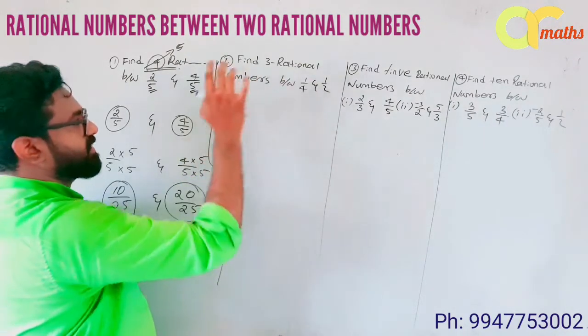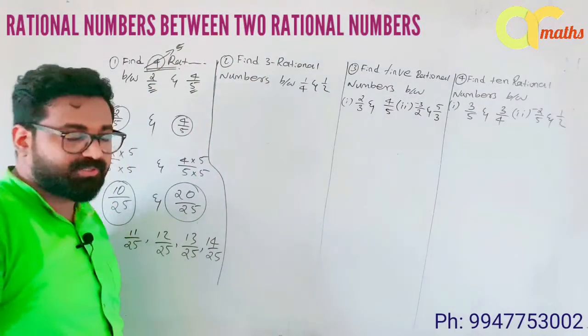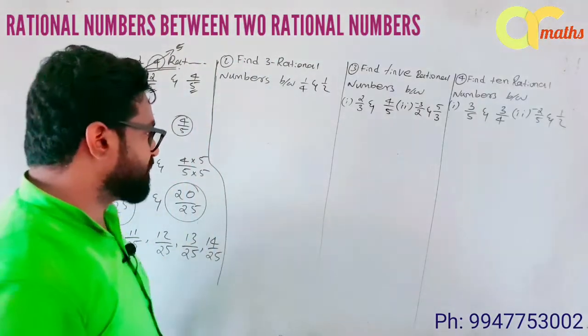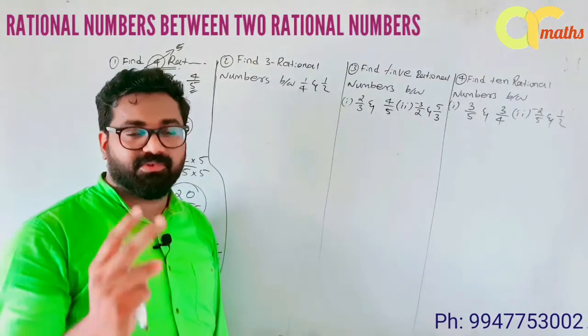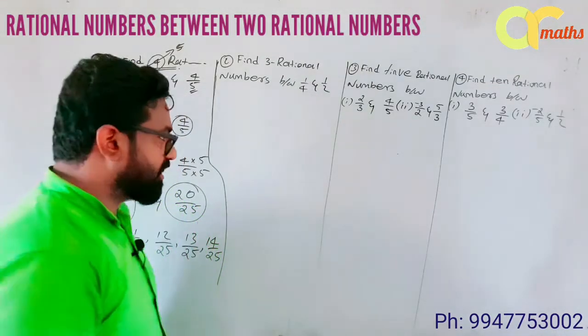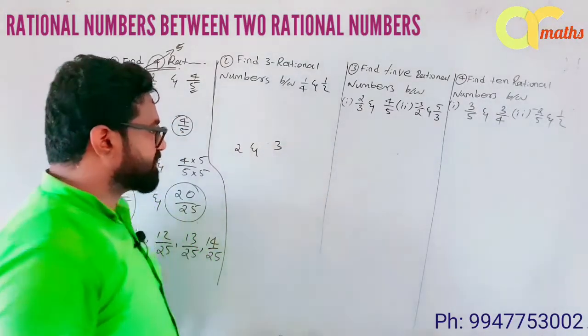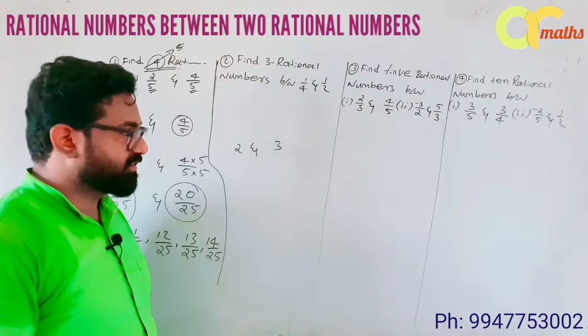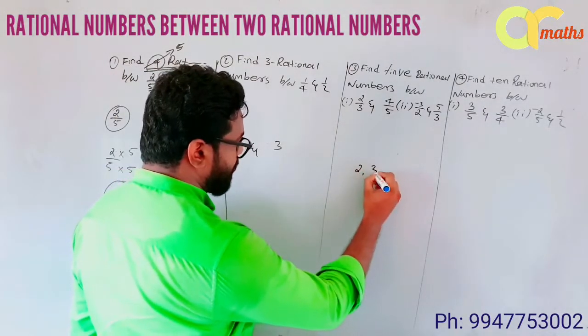Find 3 rational numbers between 1 by 4 and 1 by 2. Before doing this question, you have to know how to find the LCM of 2 numbers. How to find the LCM of 2 and 3. What is the LCM of 2 and 3? In the lower class you already studied how to find LCM.